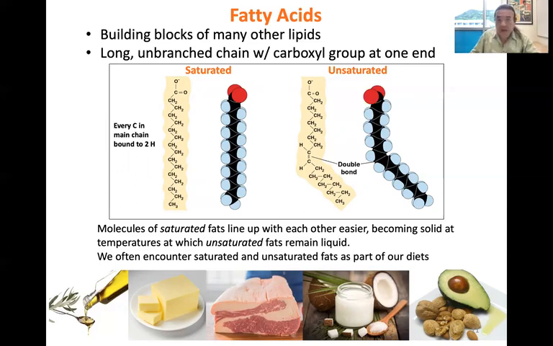What's the difference? In a saturated fat, every carbon along the main hydrocarbon chain is happily engaged in 4 bonds with different molecules. If you just look at this carbon here, it has a bond with this carbon up here, a bond with this carbon down there, and then 2 bonds with the 2 hydrogens that would be on either side of it.